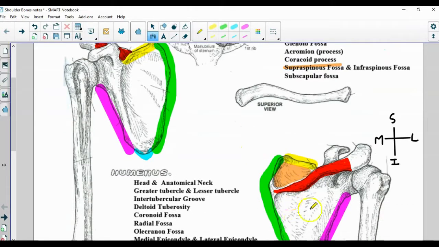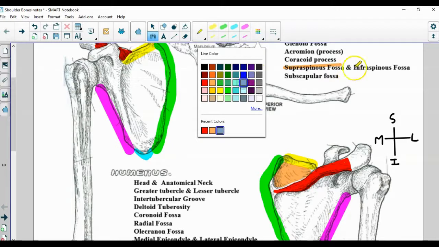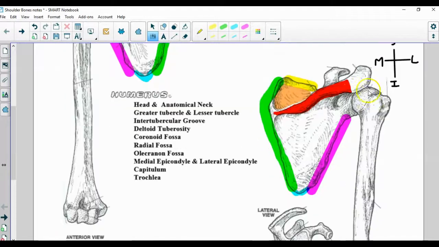That would make the infraspinous fossa down here underneath. Infra for inferior, spinous referencing the spine, and fossa, shallow ditch. This one's exceptionally shallow. So this whole section here, infraspinous fossa. I'm going to save some time and do it like that.